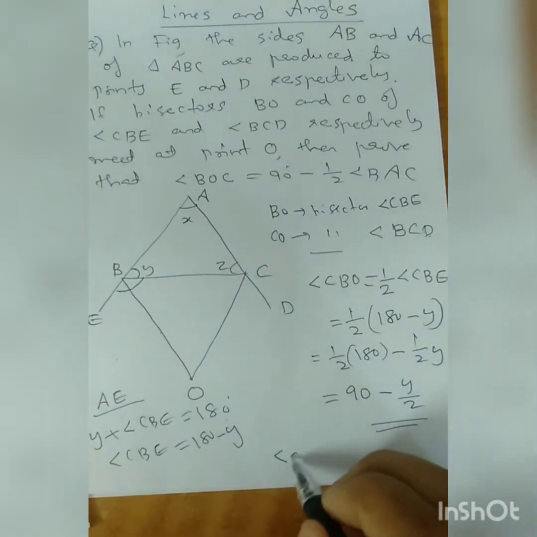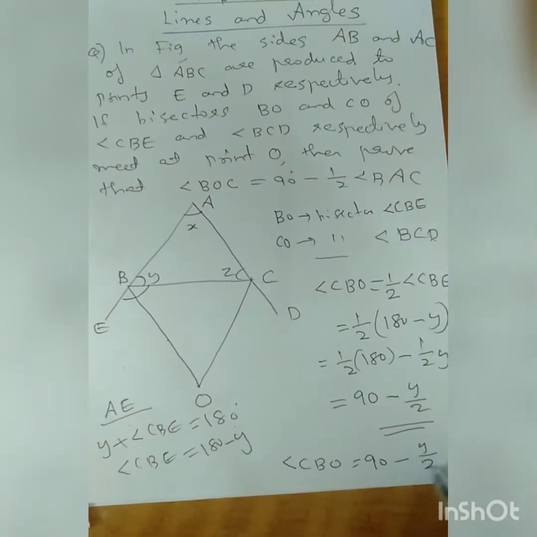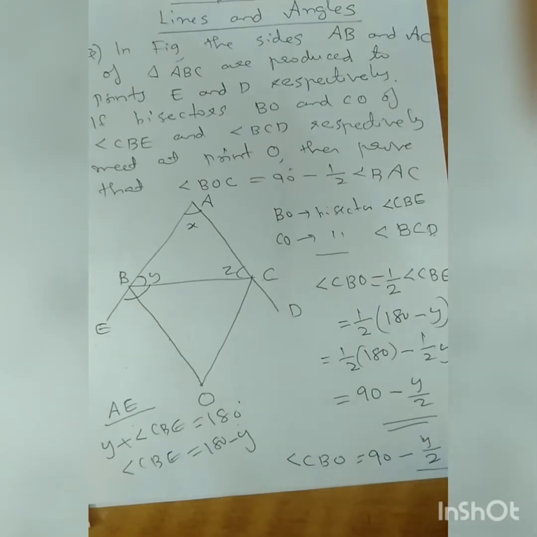That is, angle CBO is equal to 90 minus Y by 2 degree. This is equation number 1.